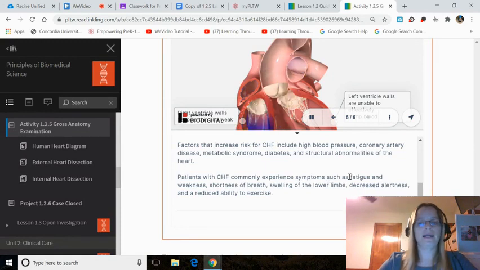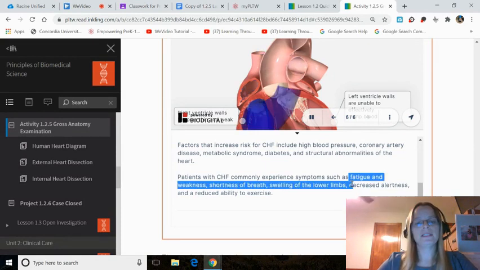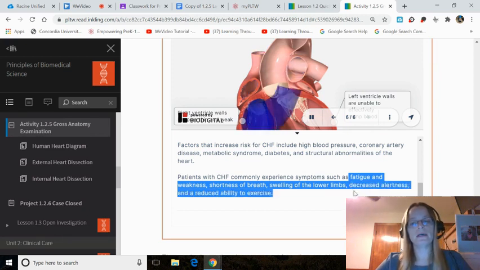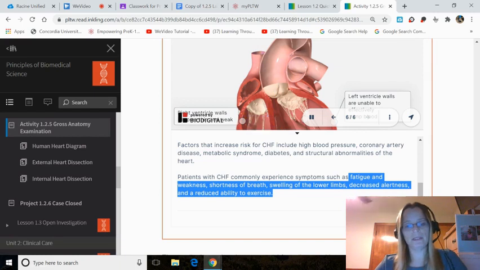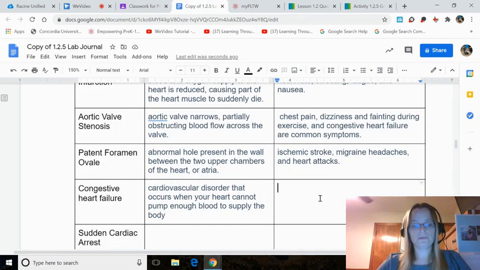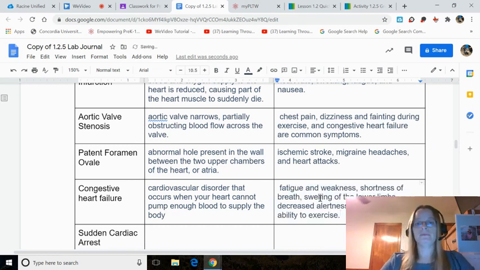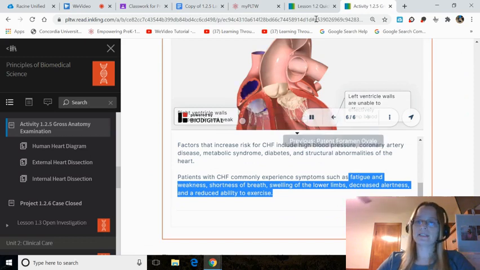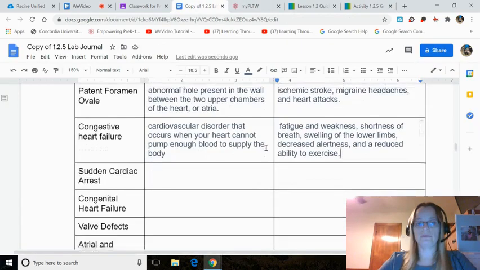Symptoms. I almost gave up on symptoms. Fatigue and weakness, shortness of breath, swelling of the lower limbs, decreased alertness, and a reduced ability to exercise. Control C, Control V. Now, you may notice that's 6 of 6, but we still have part of a chart to do.